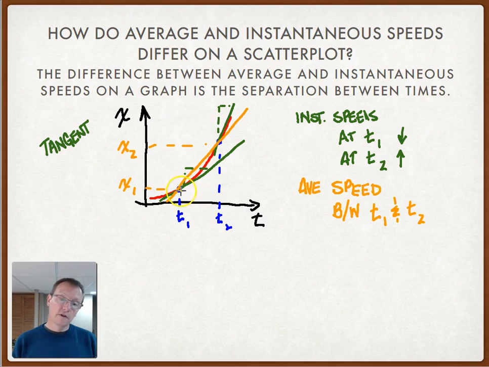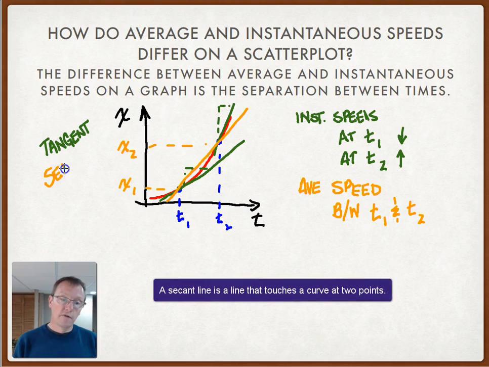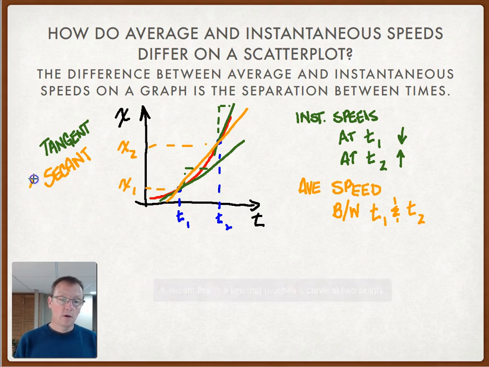Now, since it touches the curve at 2 points, we call that a secant line. So if I ever refer back to a secant line, you can refer back to this to remember that the secant line touches at 2 points, whereas the tangent line only touches at 1 point. Something like that. Okay, so that's how I figure out the average speed versus the instantaneous speeds.